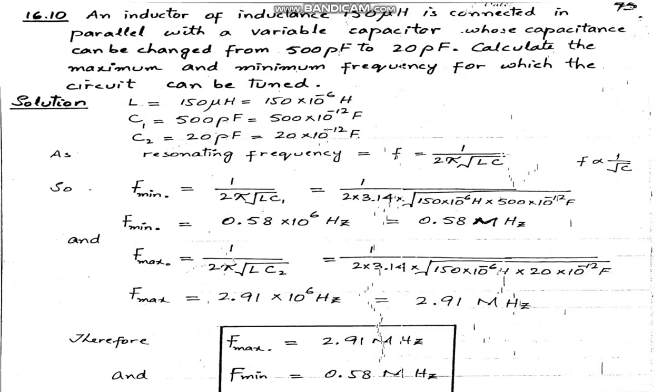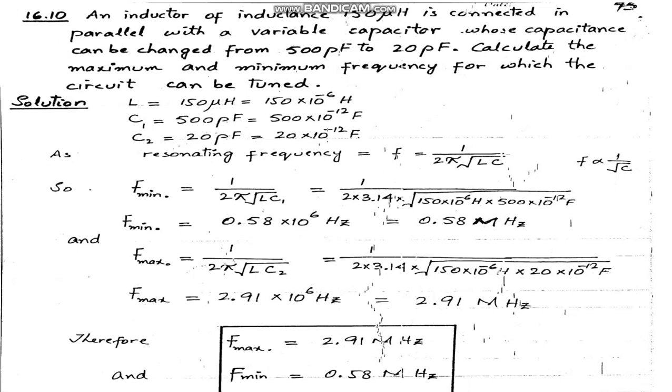For minimum and maximum frequency, we use the resonating frequency formula. Resonating frequency F is equal to 1 over 2 pi under root LC. For the minimum frequency, we use capacitance C1, and for the maximum frequency, we use the capacitance C2. So minimum frequency F is equal to 1 over 2 pi under root LC.